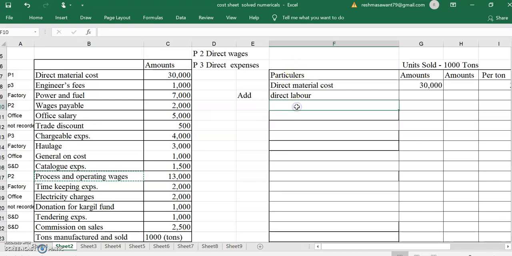First heading, process and operating wages, rupees 13,000. And the second point, wages payable, amount 2,000.